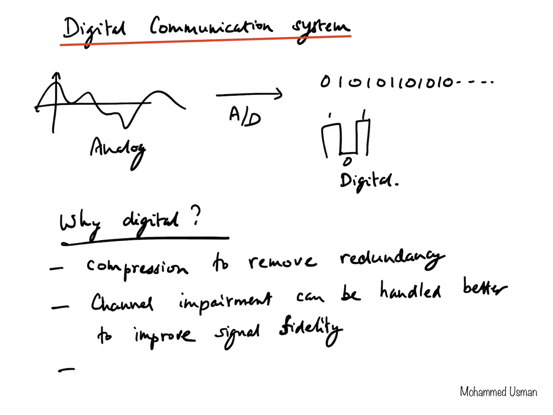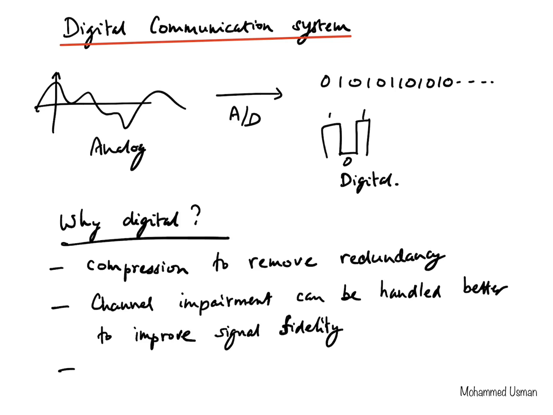That prevents the amplification of noise, because each time the signal gets amplified at an intermediate point, the noise that has been added to the signal also gets amplified. So that causes a more severe effect of noise on the signal. But in digital, we can simply recover the bits and retransmit them forward, rather than simply amplifying the signal. That makes digital communication more attractive.